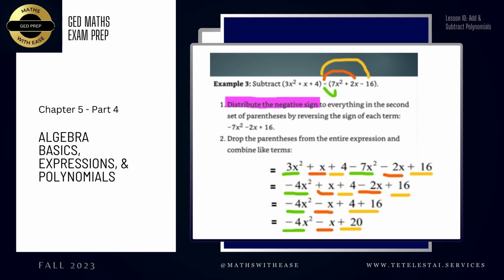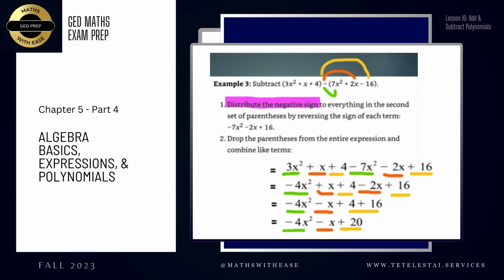So in this particular example, we're being asked to subtract 3x squared plus x plus 4 from 7x squared plus 2x minus 16. So you want to start by distributing the negative sign, and that's why I have these color-coded markings here so that you can see what's going on, right?